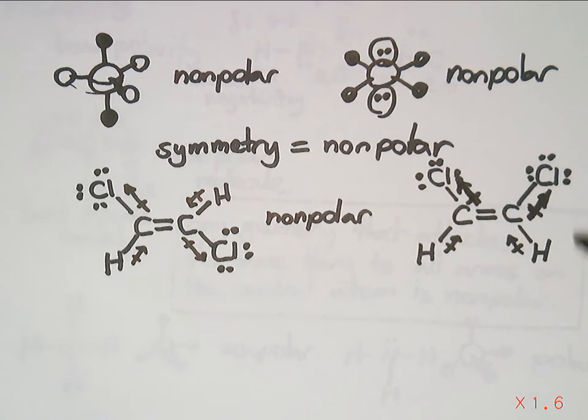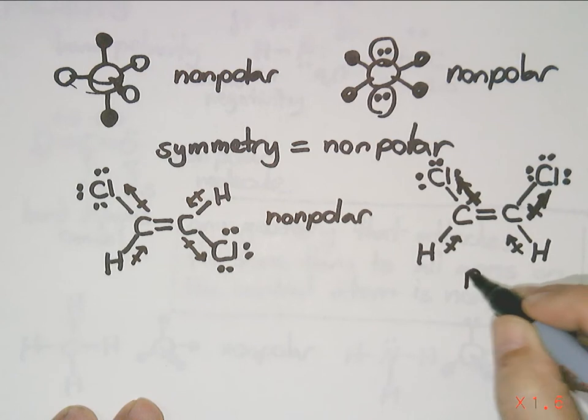Are these two going to cancel each other out? No, because they're both pulling up. They're both pulling in this general direction up here. So they're not balanced. They're not canceling each other out. These are both pulling up in the same direction. They're pulling with each other, not against each other. So this will be polar.